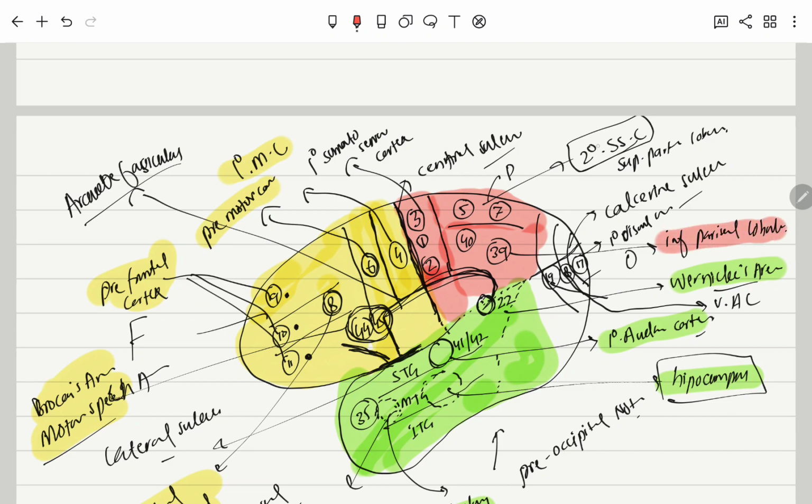So this is the secondary somatosensory cortex. Then we'll have this primary somatosensory cortex, right? So we'll have this superior parietal lobule and inferior parietal lobule, right?